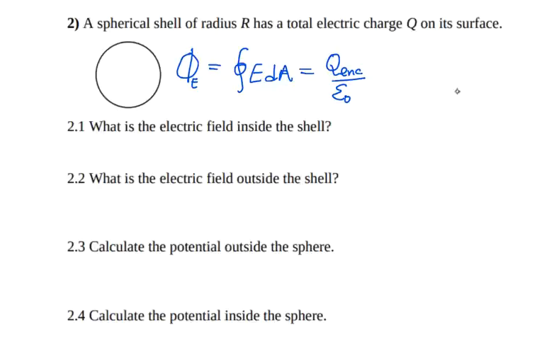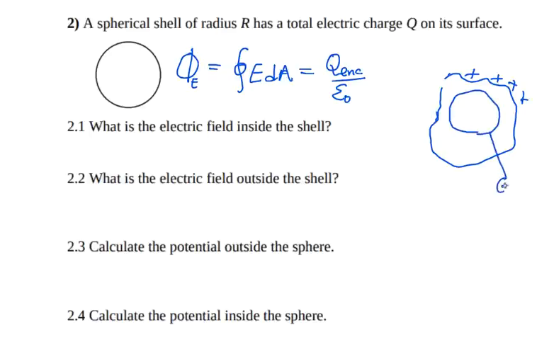Take for instance, I have a metallic conductor. Let's say this is what I have. Then we normally have the excess charges at the surface. So this is the Gaussian surface.